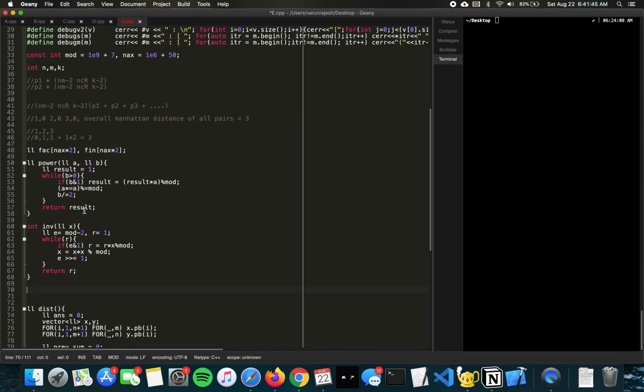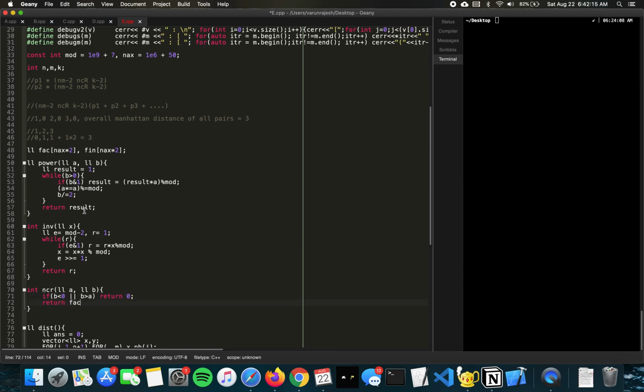And then now that we have calculated the inverse, we can just do NCR, which is just going to take in long A, long B, and so if B is less than 0 or B is bigger than A, return 0.